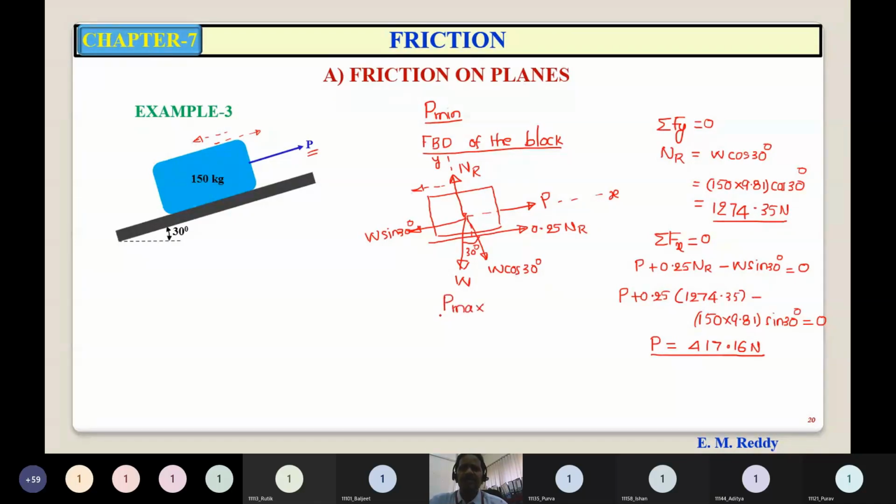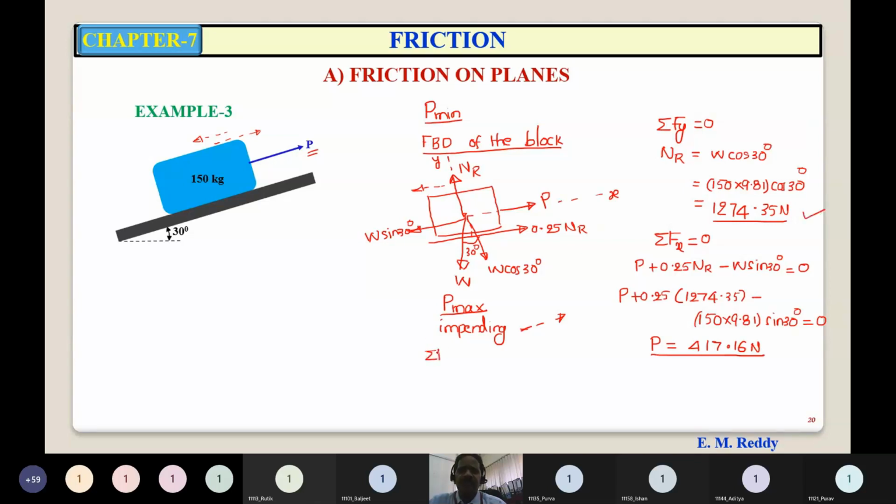Now, for maximum force, impending motion is up the plane. So here the friction force will act down the plane, opposite to the direction of impending motion. So you have normal reaction, same as 1274.35.